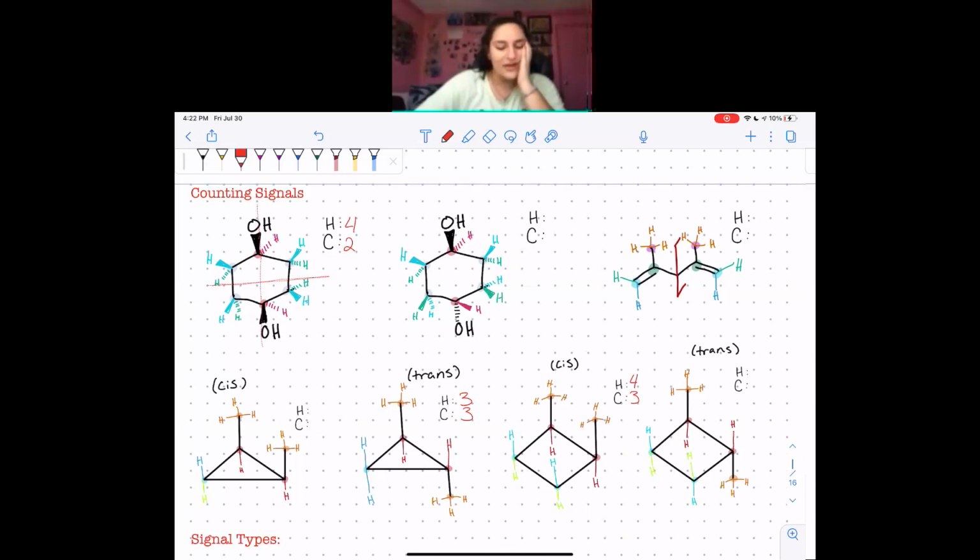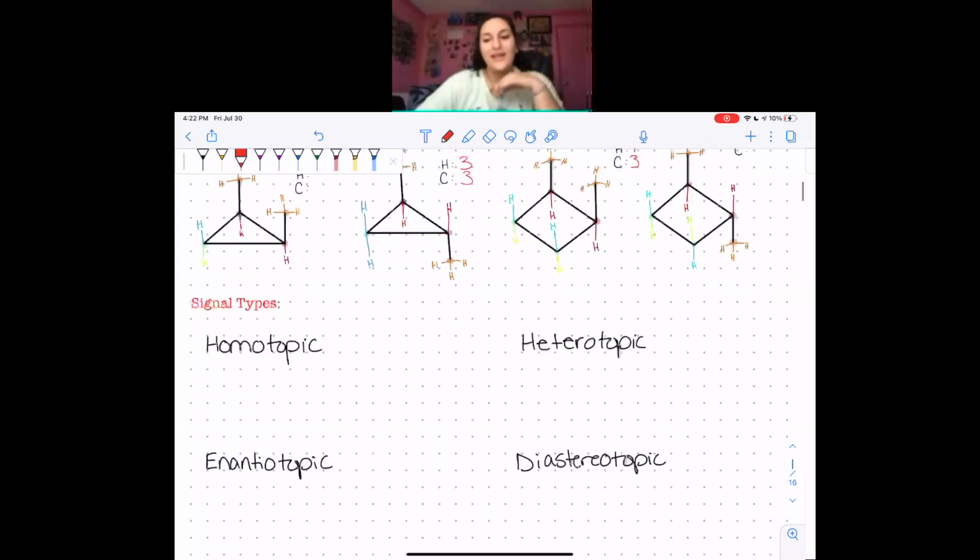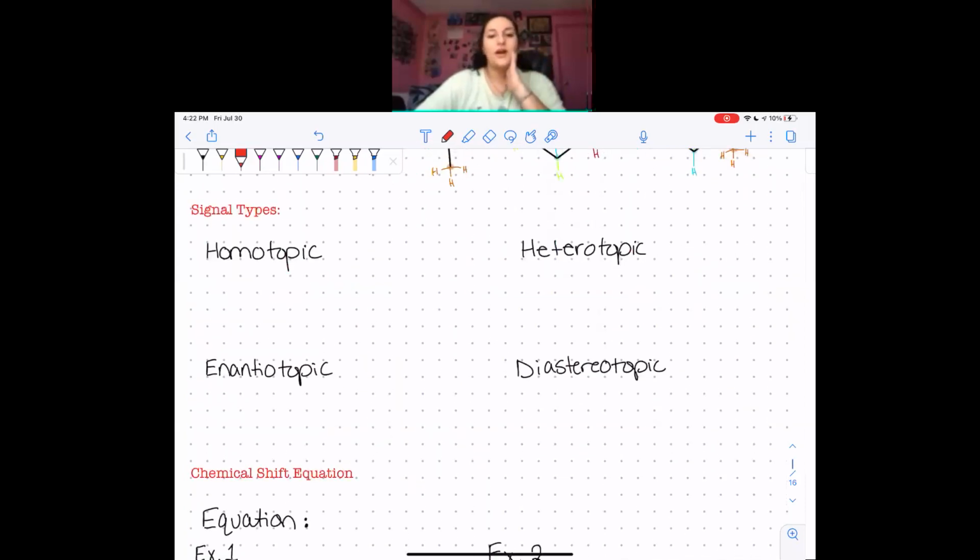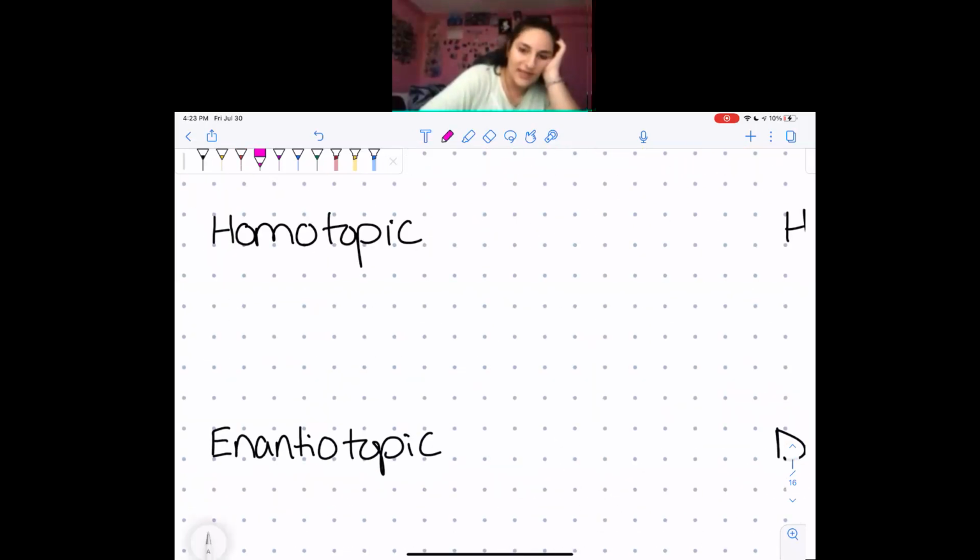All right, so when we talk about signal types, this was something that was really hard for people to grasp at first. I'm sure you forgot about it, but hopefully it's easier to catch it again now. So homotopic, heterotopic, enantiotopic, diastereotopic. All you really need to know: homotopic equals the same.